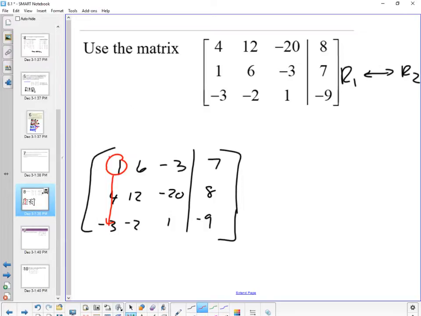Start by making this a 1, and then make zeros under those. Then we're going to go here and make that a 1. Then we'll make zeros here, and then I'll go back and make this a 1, which kind of is right now already. That might change though. But that will make me my diagonal, and then zeros under that. That is always the method. Start at the upper left-hand corner, make zeros under that, then go to the middle, make it a 1, zeros under that, and then finally go back and get your last 1, okay?